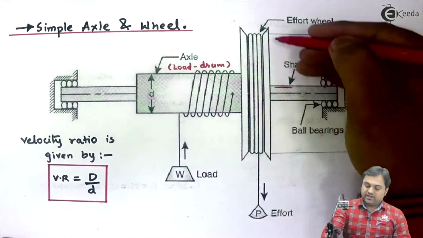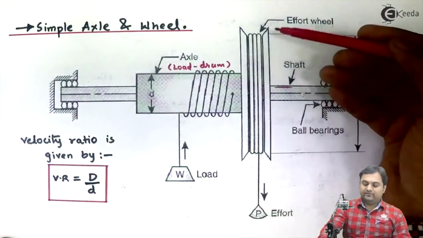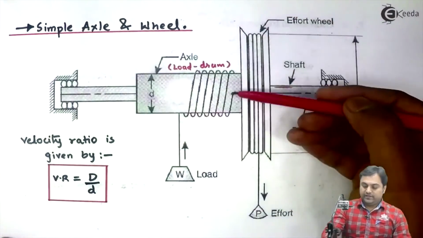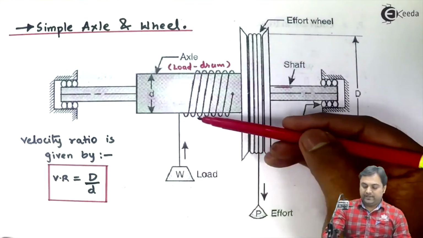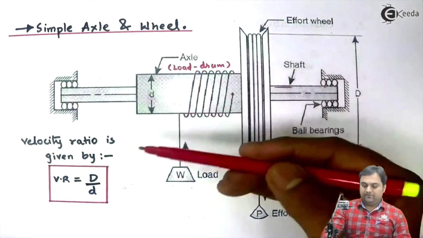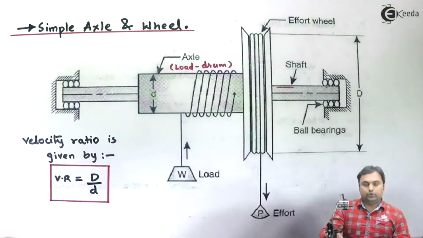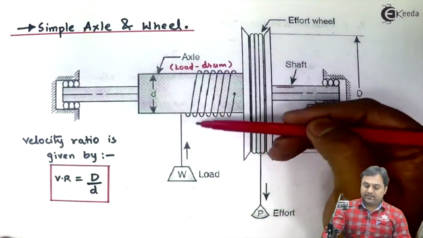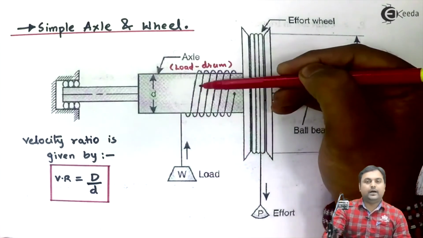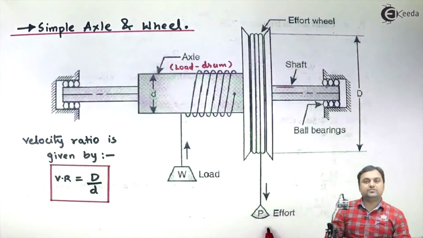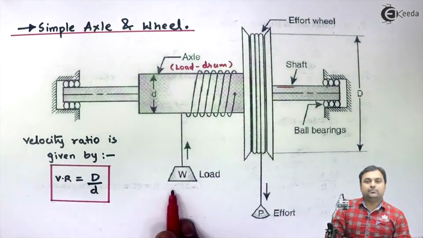With this, the effort wheel will roll, and once the effort wheel rolls, it is connected to the load drum. The load drum will roll, and the string will be wound around the load drum, and when the string starts winding around the load drum, the load will be lifted up. So by applying very small effort we are lifting a huge amount of load.